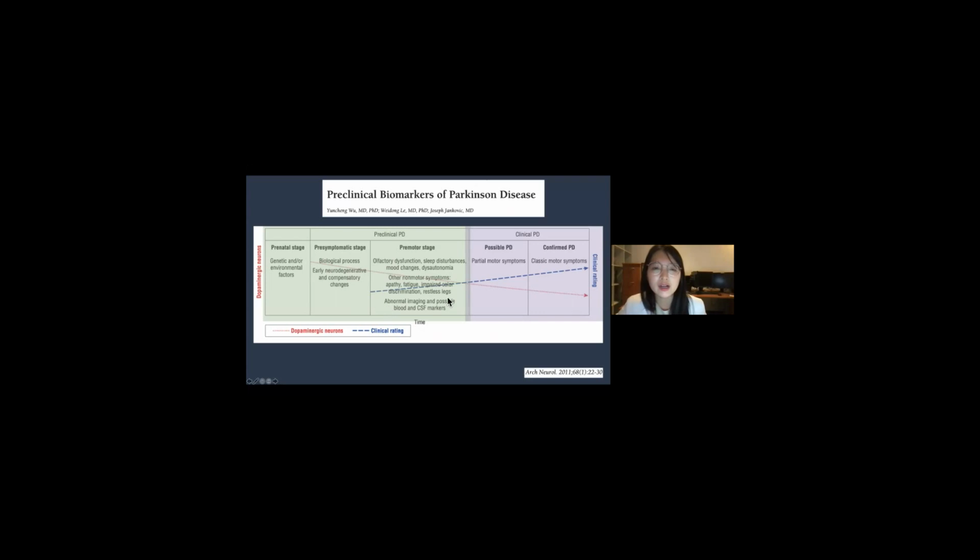The preclinical stage was defined not just 3 or 4 years before diagnosis. The extremely preclinical stage includes the prenatal stage, which is genetic testing.